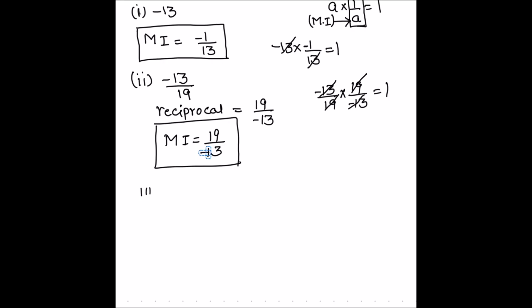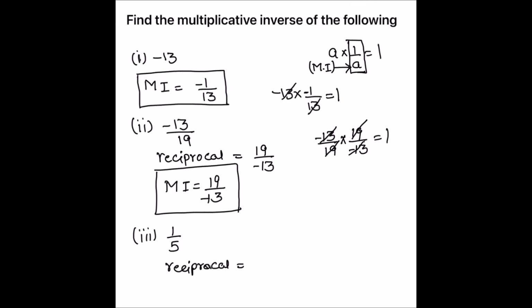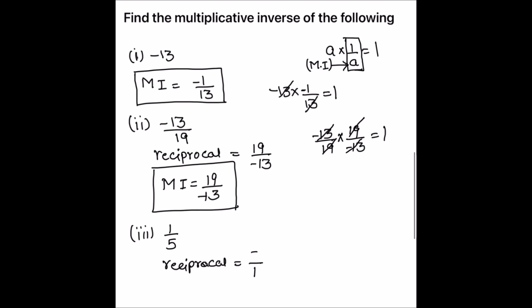The next part is 1 upon 5. So the reciprocal of 1 upon 5 will be, to find the reciprocal, change the numerator to denominator. The numerator is 1 and the denominator is 5, so the denominator will come to the numerator, which is 5.